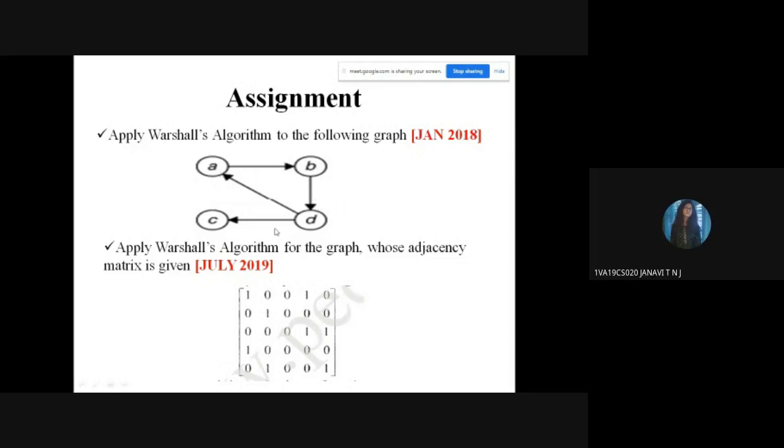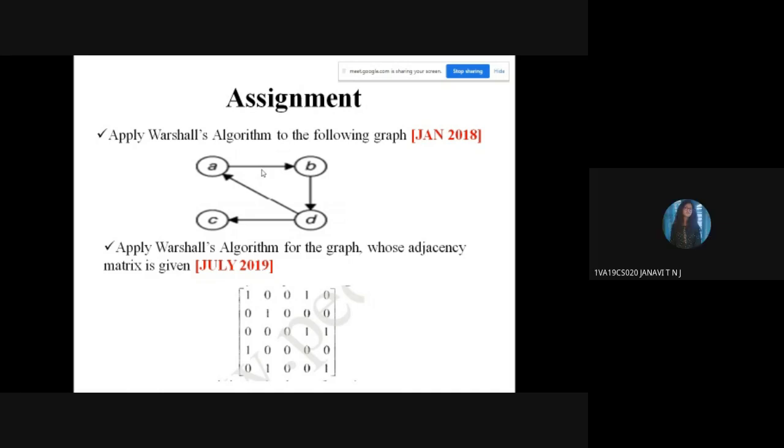R0 to R4, ma'am. Okay, what is R0? Adjacency matrix, ma'am. It's the same as your adjacency matrix. So what is R1? R1 contains what? Paths through the vertex?